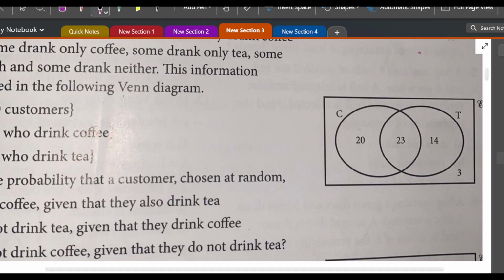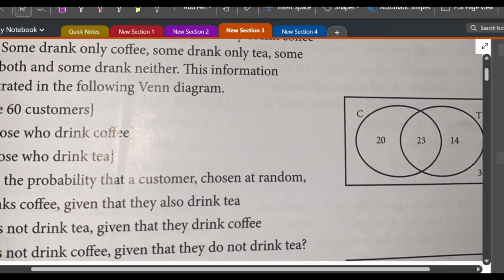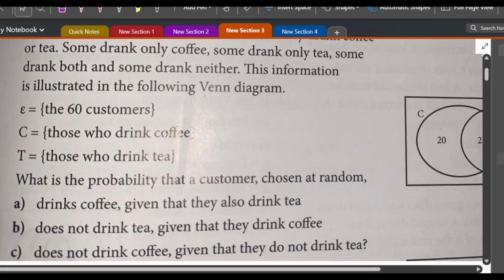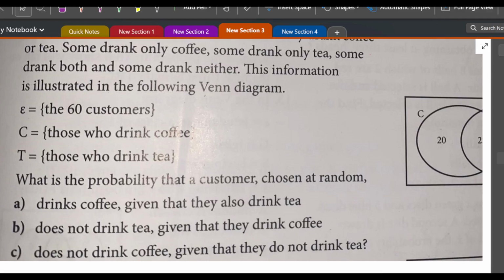First, what they are saying is that the person whom you are choosing is drinking tea. What is the probability that a customer chosen at random drinks coffee, given that they also drink tea? Given that, what information do you have? That the person drinks tea.